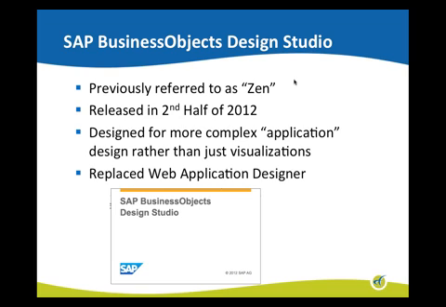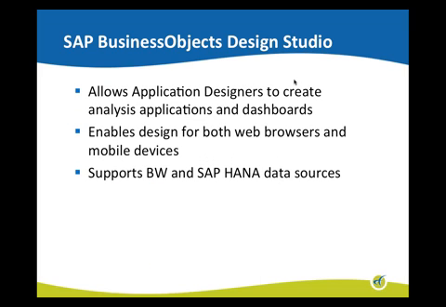It did replace the Web Application Designer. And it allows application designers to create analysis applications and dashboards, and they are enabled for both web browsers and mobile devices. And this does have different data source support, but still not exactly what dashboards had in its legacy versions.